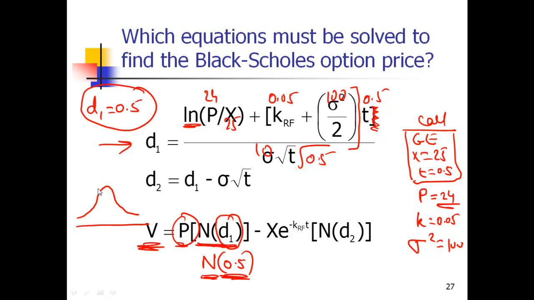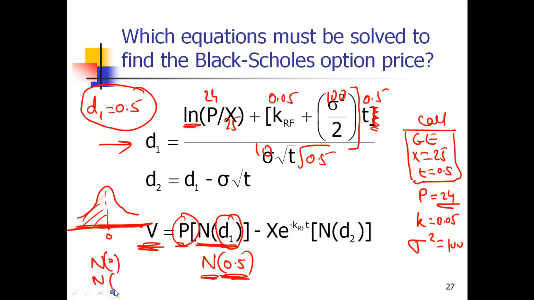Do you remember what z value meant? The z value is the value on this horizontal line. So what is this point over here, the midpoint of the bell? This is 0. So what is N of 0? Do you remember? N of 0 is all the area to the left of 0, which is 0.5.